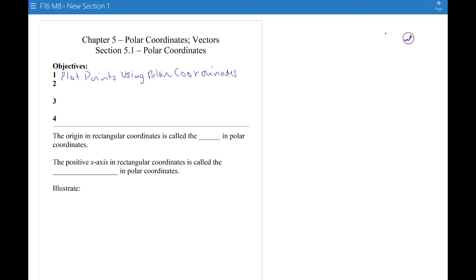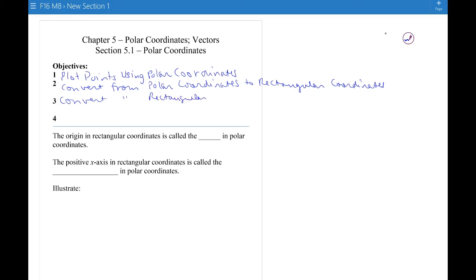And then we're going to convert from polar coordinates to rectangular coordinates. And then we'll learn to convert back the other way, convert from rectangular coordinates to polar coordinates, so back and forth basically.